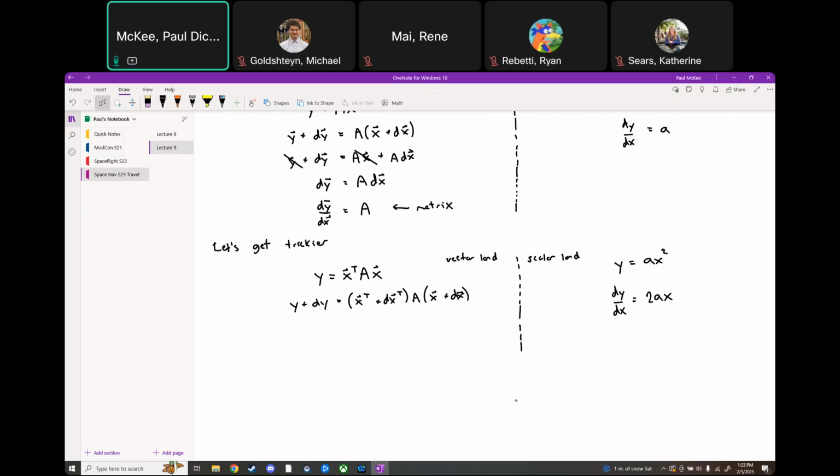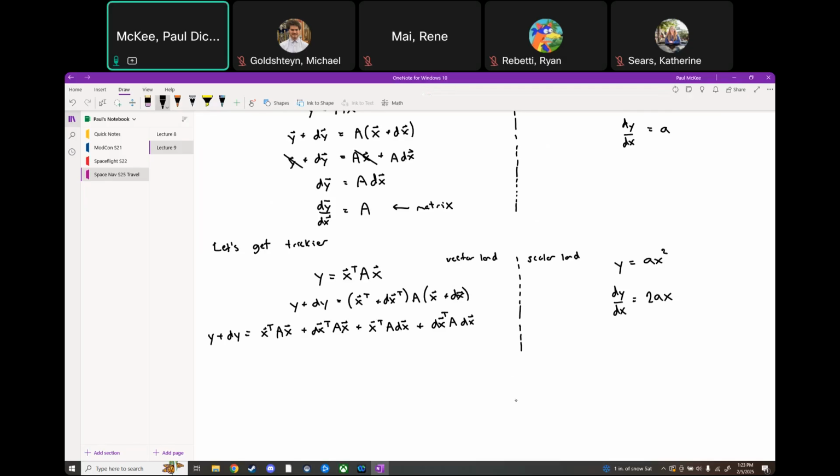And if we go through and distribute this out, we get y plus dy is equal to x transpose Ax plus differential element of x transpose Ax plus x transpose A differential element of x plus differential x transpose A differential x.